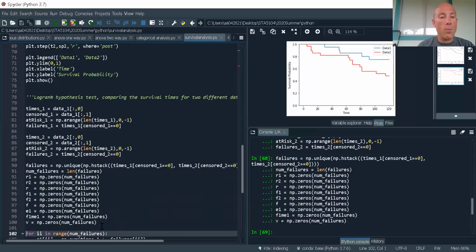And now, okay, so what all of this is doing is just setting up a bunch of vectors that we can put data in in a moment. Whenever we build a vector, we don't want to take a number, then append, and then append, and then append. That takes a long time in memory.